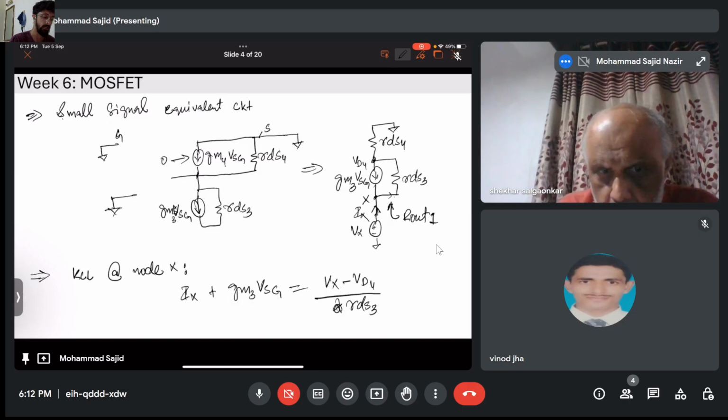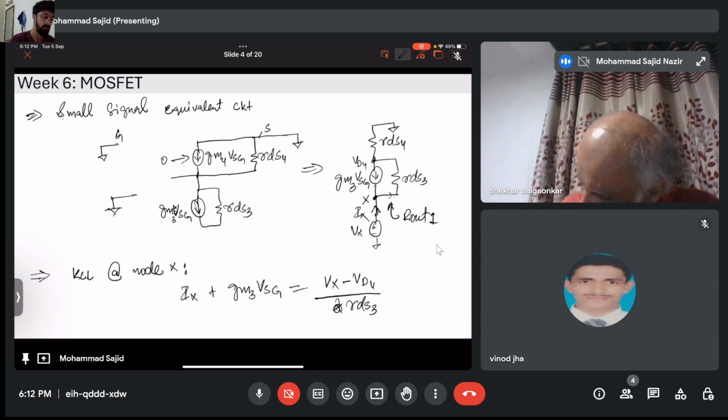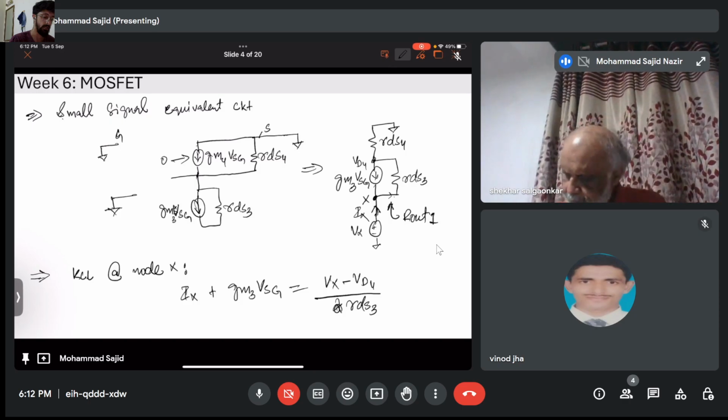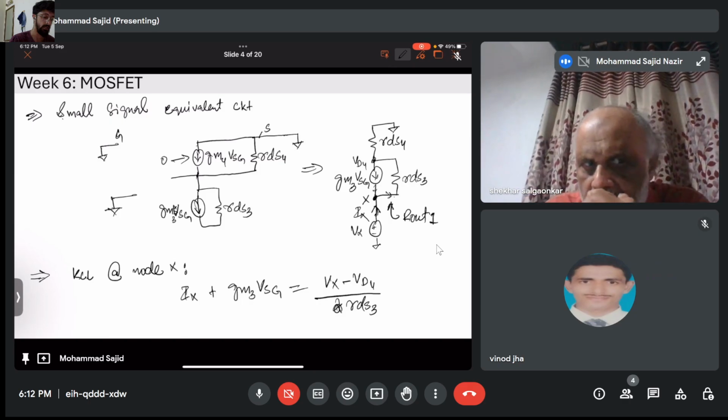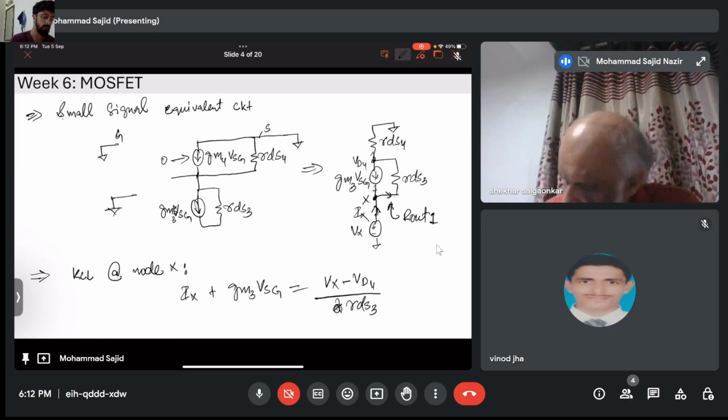Now, since Ix is coming into this branch and it gets distributed among these two branches, one branch is this one. So the total current leaving here should be Ix as well, right?